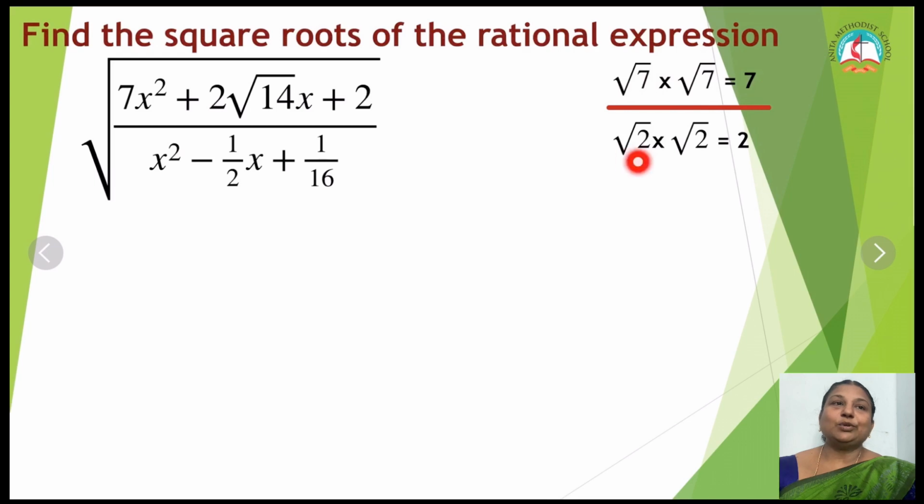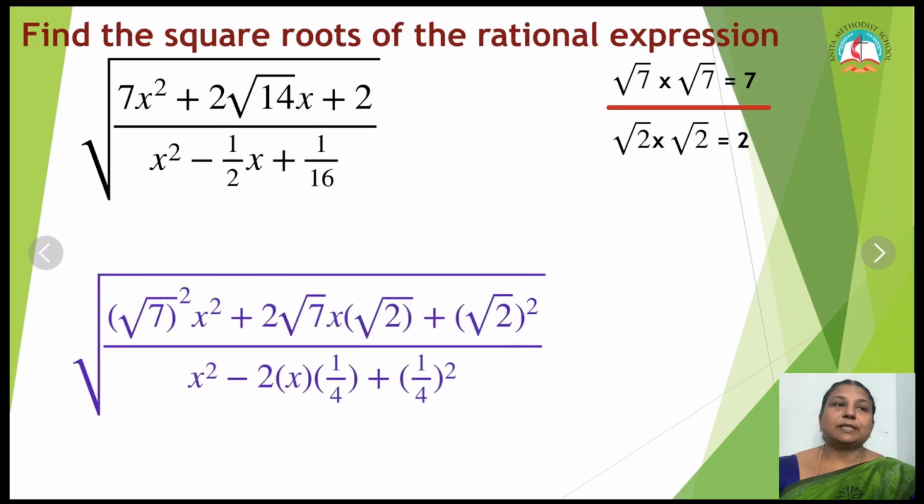In the same way, root 2 into root 2, you will get 2. So in place of 7, you have to substitute (root 7) whole squared. Then you will get (root 7) whole squared x squared plus 2 root 7x root 2 plus (root 2) whole squared, divided by x squared plus 2 into x into 1 by 4 plus (1 by 4) whole squared.